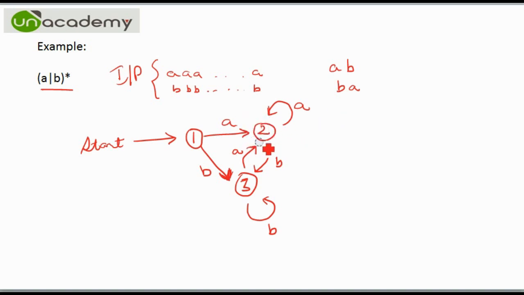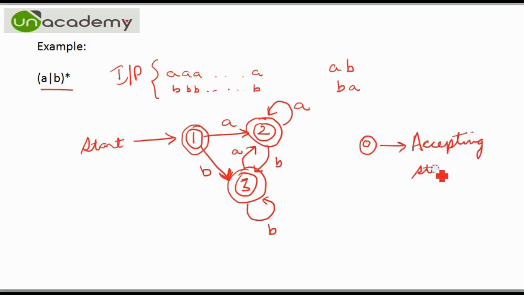Since we have no further state, this state and this state, including this state, will be called accepting states. An accepting state is the final state possible of a DFA.